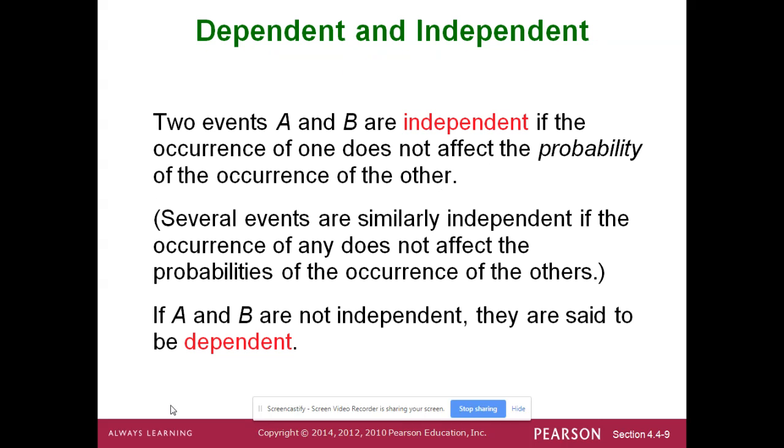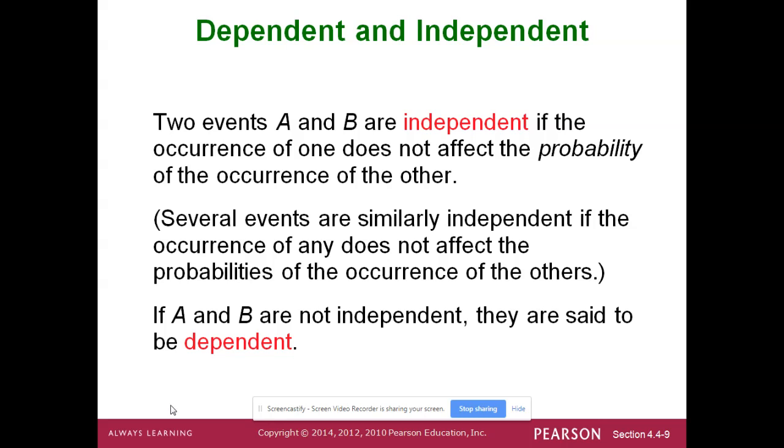Two events, A and B, are independent if the occurrence of one does not affect the other. If I'm rolling one die each time, what I roll on the previous one doesn't affect the next one, right? Because it's the same cube every time.